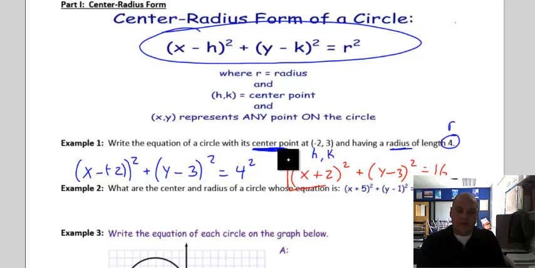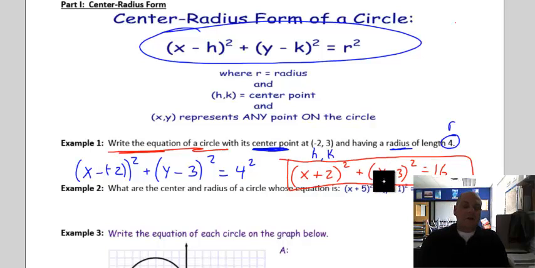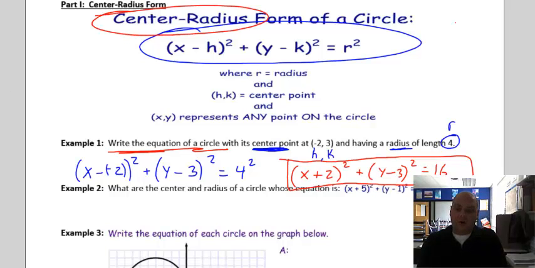So this right here is my equation of the circle, right? The equation of the circle. There it is right there. Whenever you see that form, that is the equation of a circle, and that's called, again, center radius form.